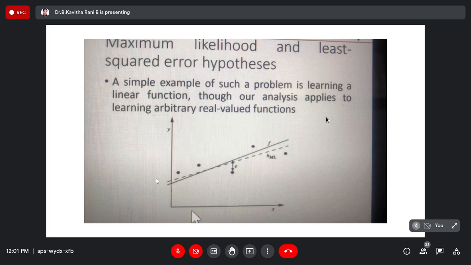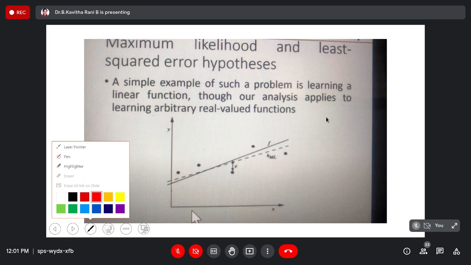So when we minimize the error, then we can say that the particular minimized-error hypothesis is the maximum likelihood hypothesis for the training data. That can be done by using the least squared error hypothesis.